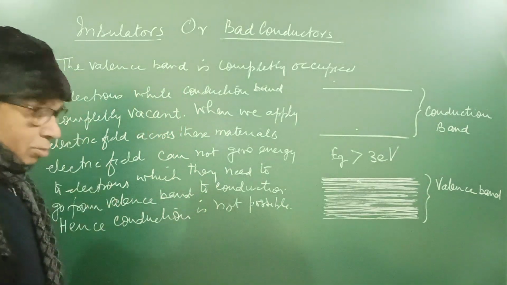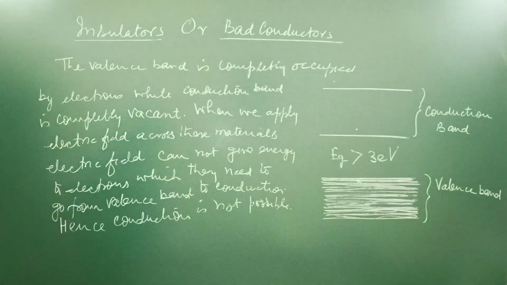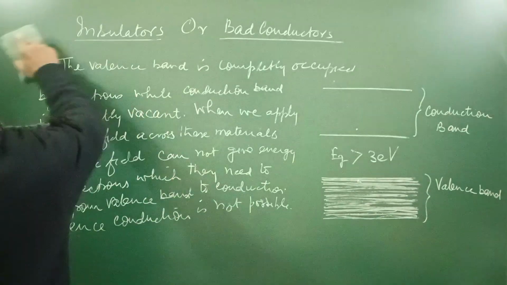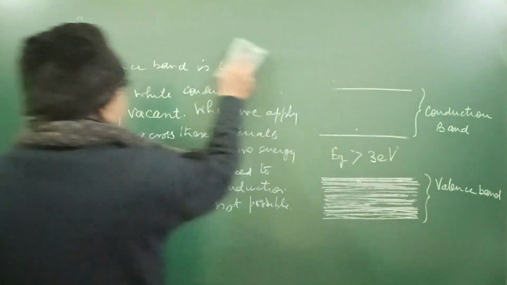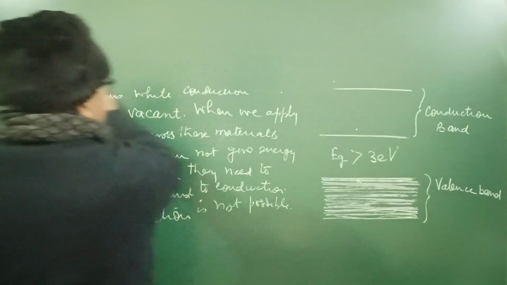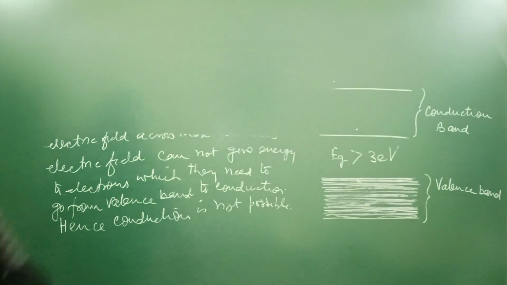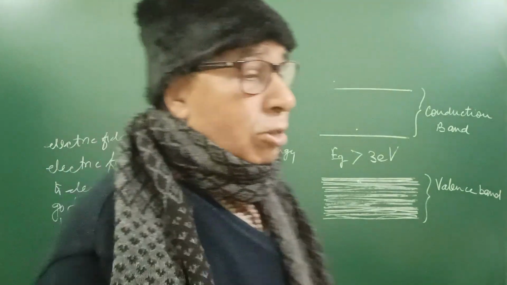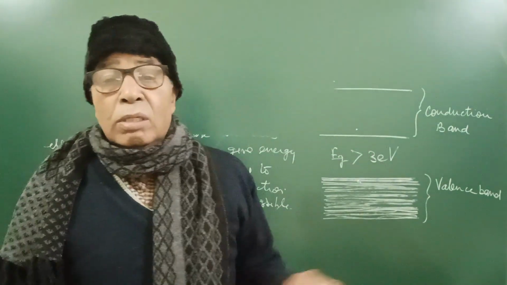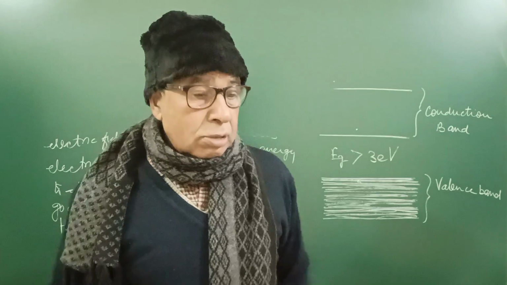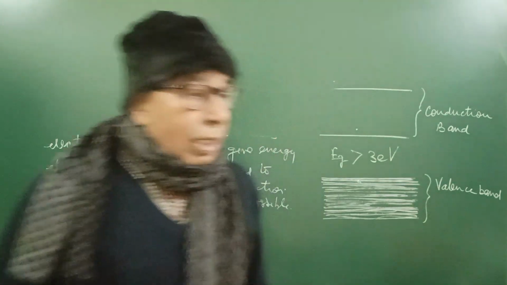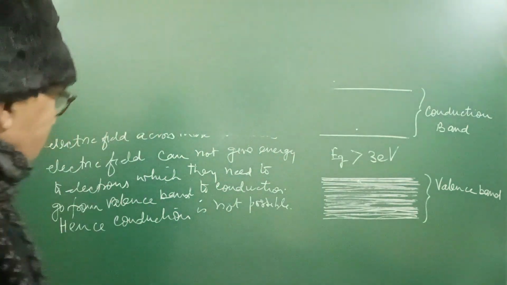In case of some insulators, thermalization means energy given to them in the form of heat, which makes the atoms oscillate with large amplitude. The movement of electrons due to thermal energy given to them is called thermalization.